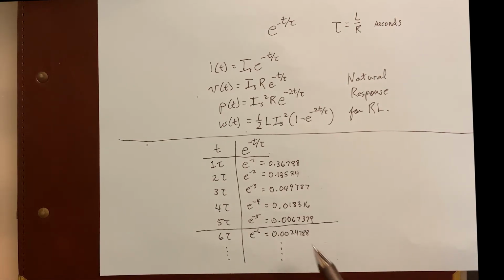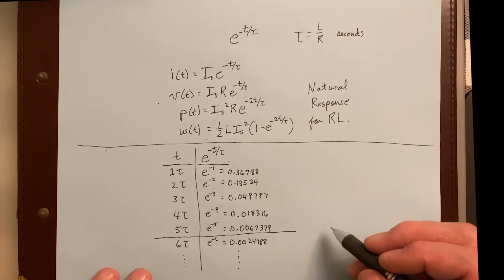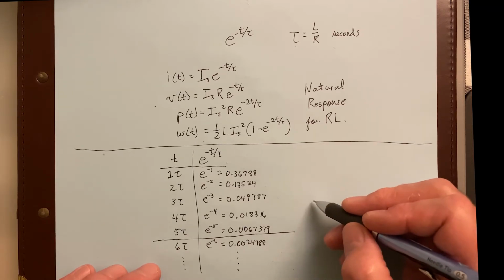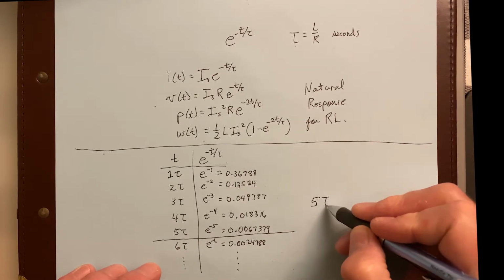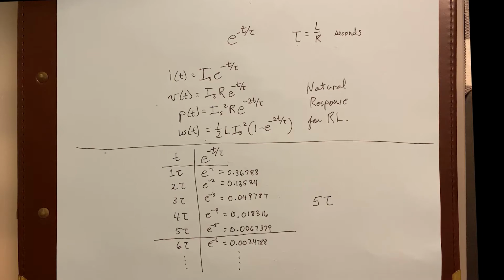So after 5 tau, we are getting down below 1%, and we'll say that this thing is effectively done. So somebody says, how long is a long time? A long time is 5 tau, because after 5 tau of time, this thing's finished doing whatever it's going to do. Okay?